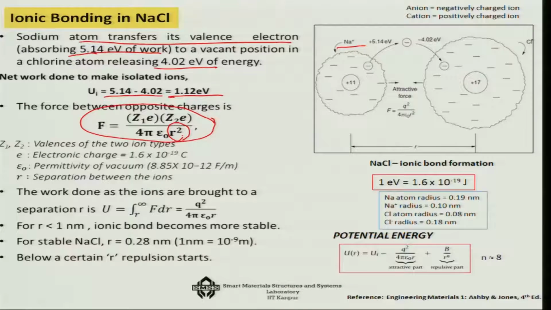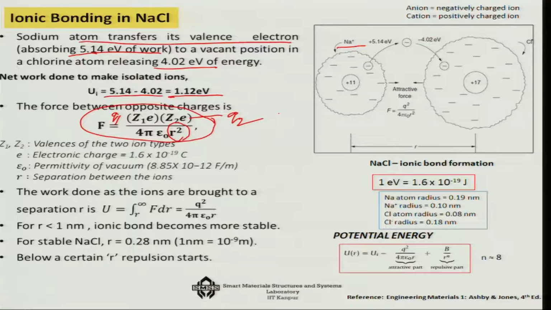As they come closer and closer, depending on the valencies of the ion types, this is basically the Q1 Q2. So this is Q1 and this is Q2. That is the Coulomb force by definition, and it becomes more and more significant.